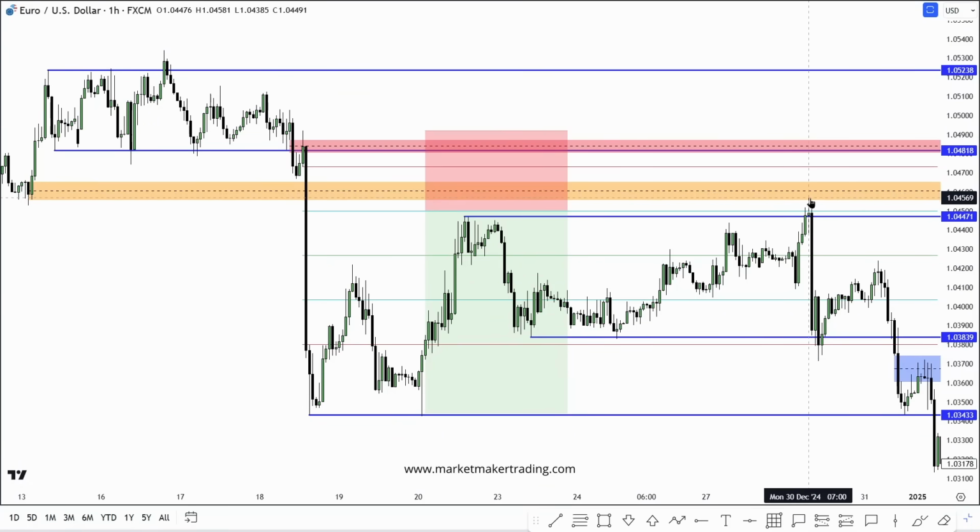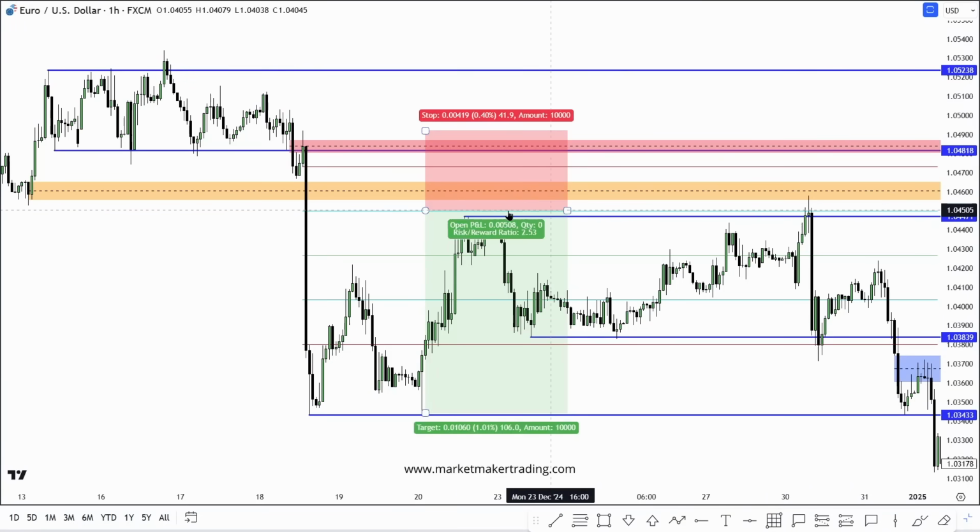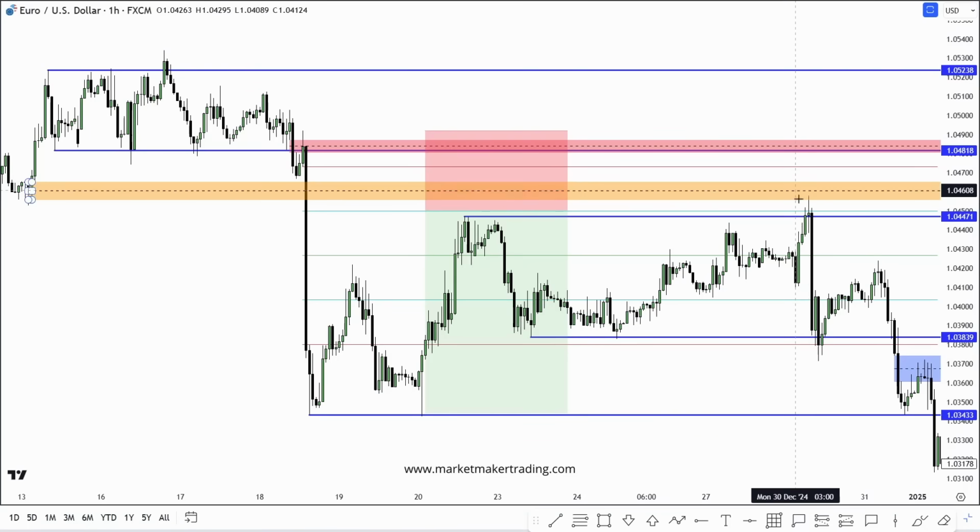When time and price align, that's when we want to pull the trigger. We always want to wait for price to engage with buy-side liquidity before we enter short, and we always want to wait for sell-side liquidity to be engaged before we enter long. And then we want to offload those positions to opposing liquidity pools.